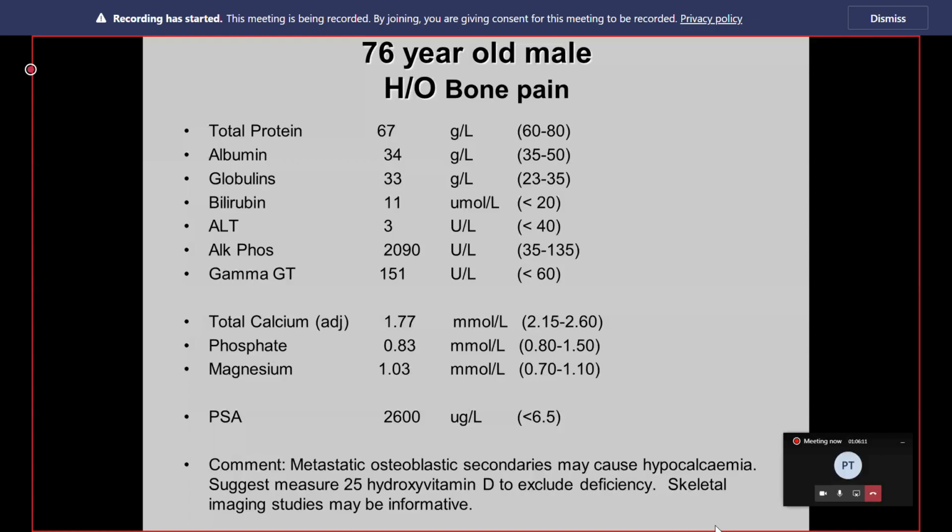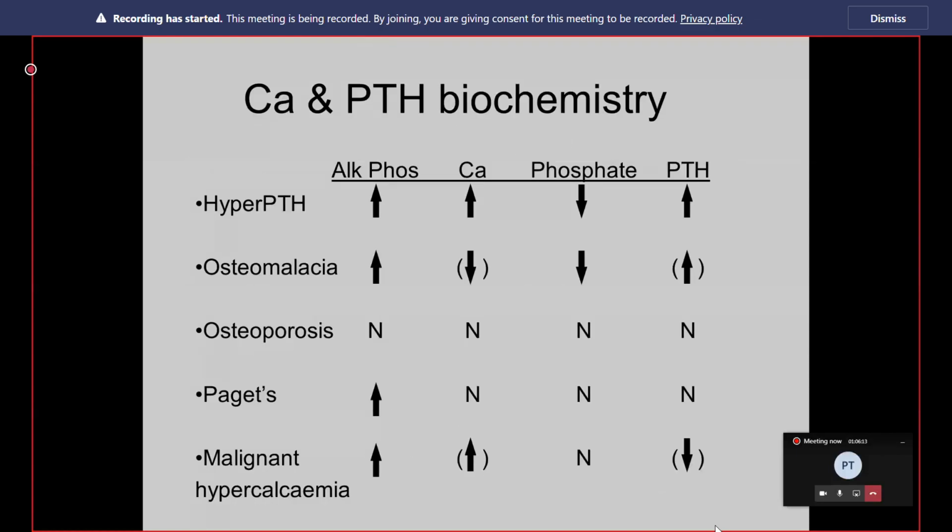So I'll just finish with this table to show you the different biochemical patterns in different metabolic conditions. I won't dwell on it. I've already touched on all these. As you can see, in osteoporosis, most of the measurements are normal.